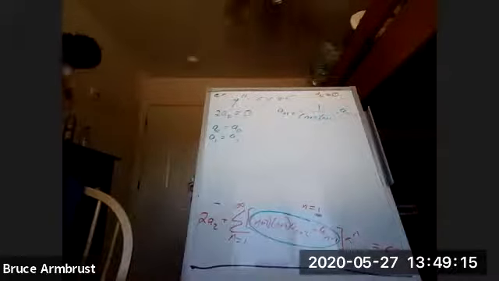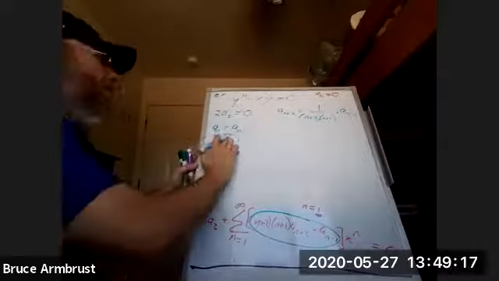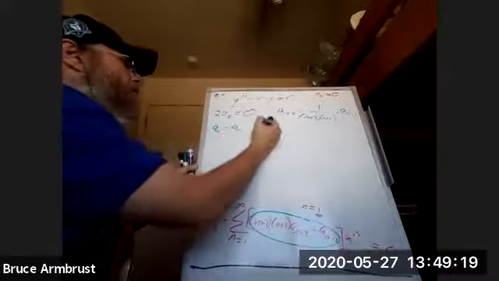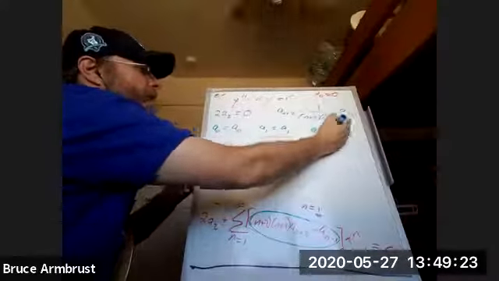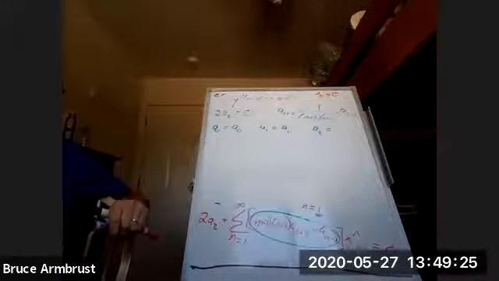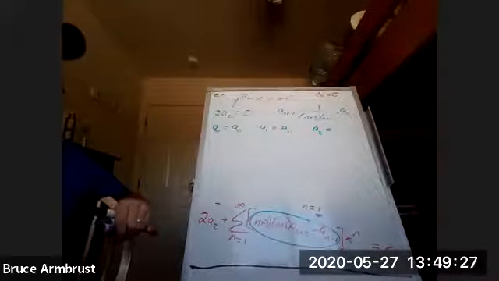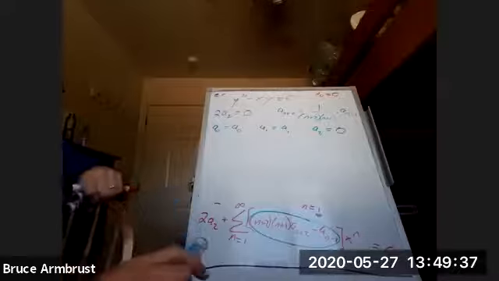It can be whatever we want. Now, a2 is not a free choice. What does a2 have to equal? 0. It has to equal 0 from this right here. So there is not going to be an x squared term in our solution.